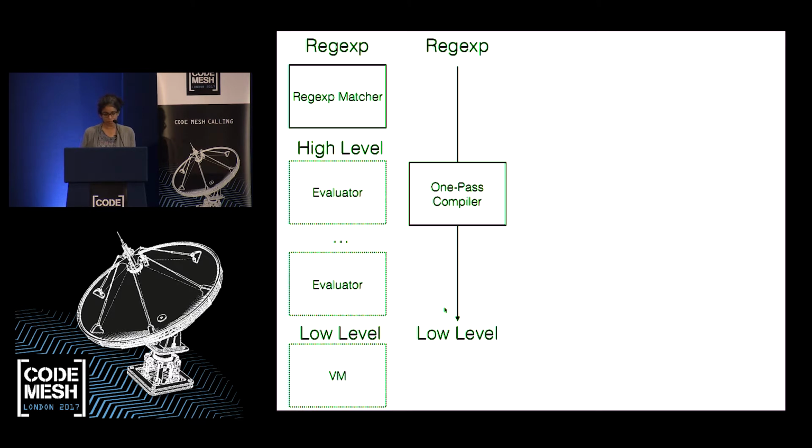Here is another example where, say, at the top of your tower, what you have is a modified evaluator. For example, one where you do additional tracing for debugging, or one where you make the control flow explicit. So say you write this evaluator in continuation passing style. Now, when you do the collapsing, what you end up doing is transforming from the high level to the low level, and you preserve your modifications in the low level as well.